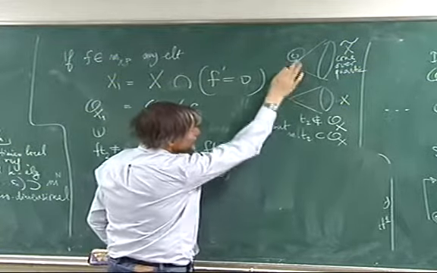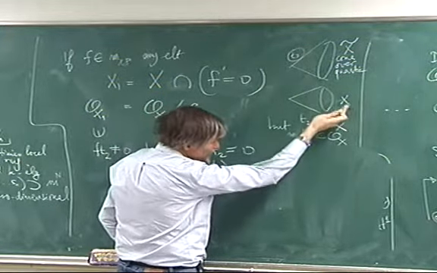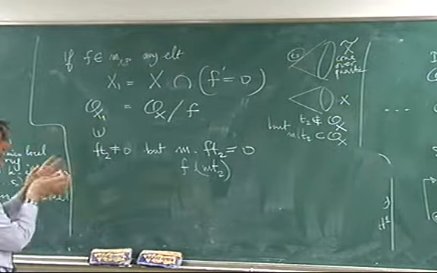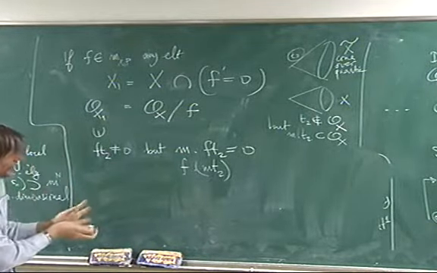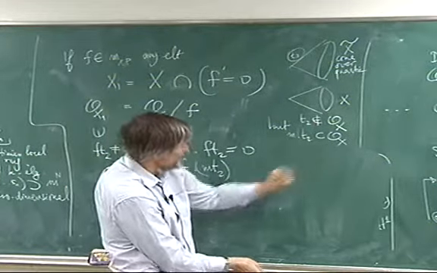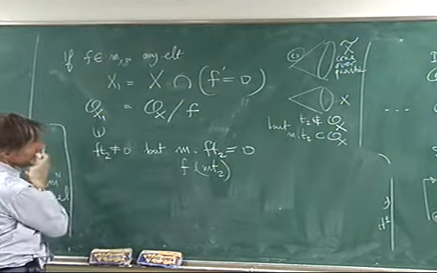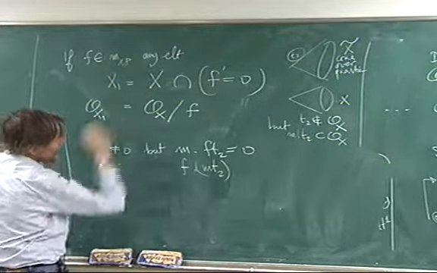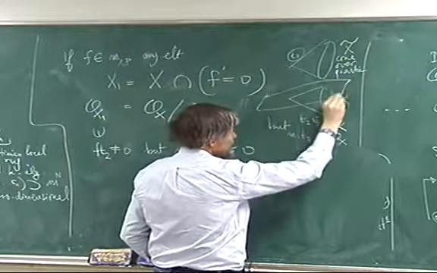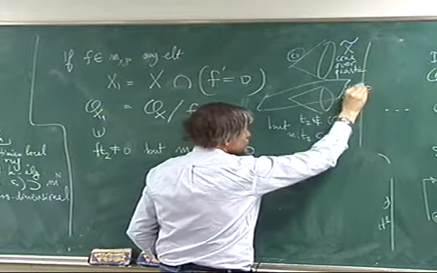I have this rational function there which is not a regular function on X. On the other hand, it's an element of the field of fractions, and multiplied by anything in the maximal ideal, it is in O_X. So I take something in the maximal ideal and I cut X by this f. I'm taking some hypersurface and I'm cutting. This is X1, which is f equals 0.